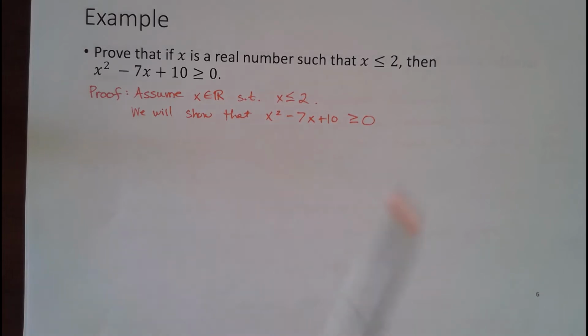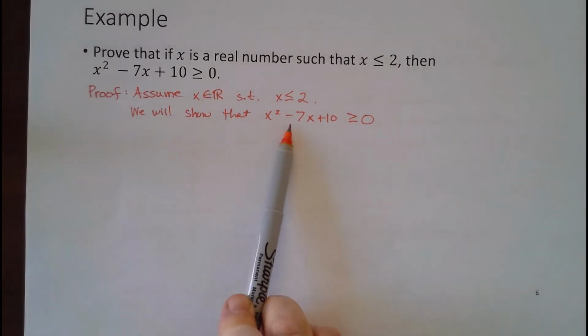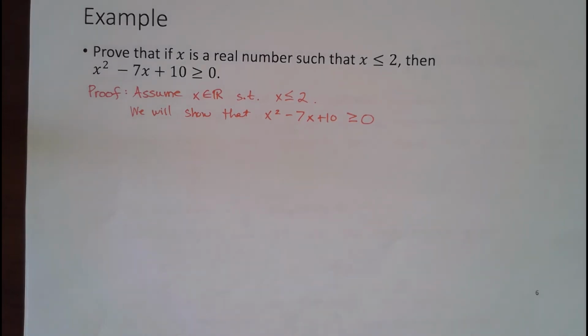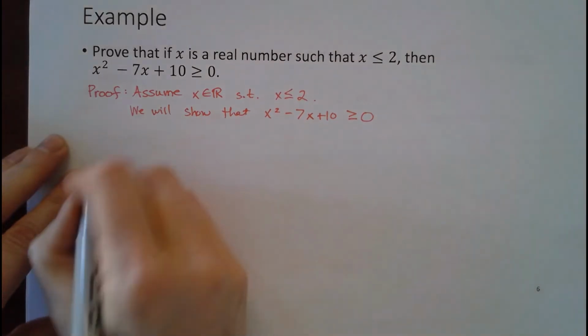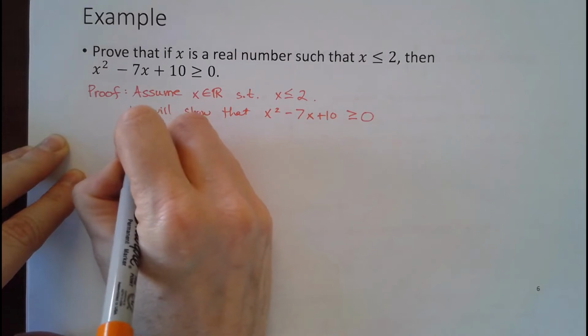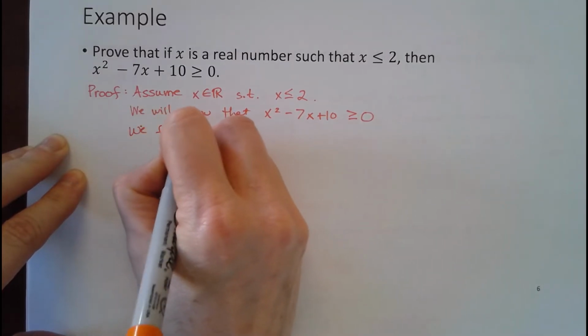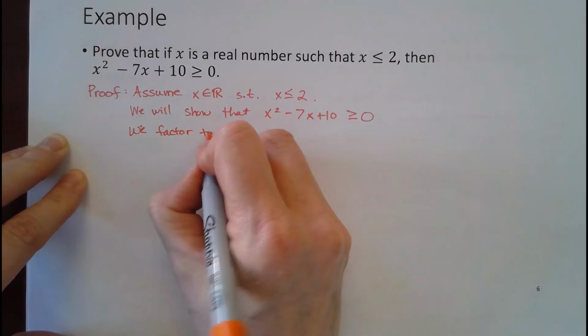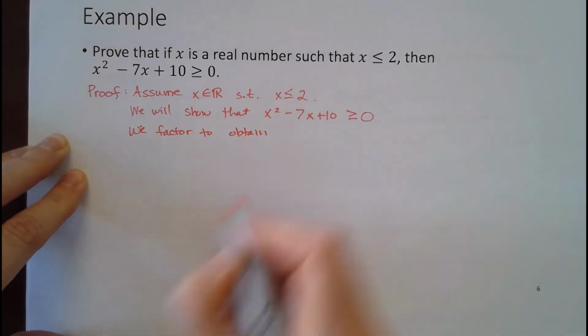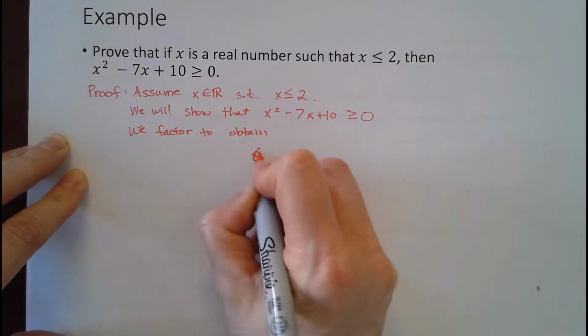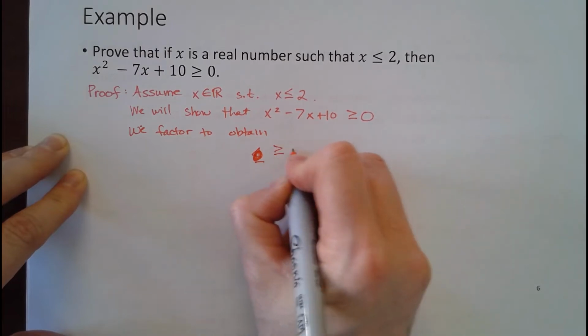If I look at this right here, it would be really nice if I could factor it so that it's written as a product of two things that are multiplied together. And if I knew the sign of those two factors, then I could make an argument about the product. So let's start by factoring. We factor to obtain something that should be greater than or equal to 0.